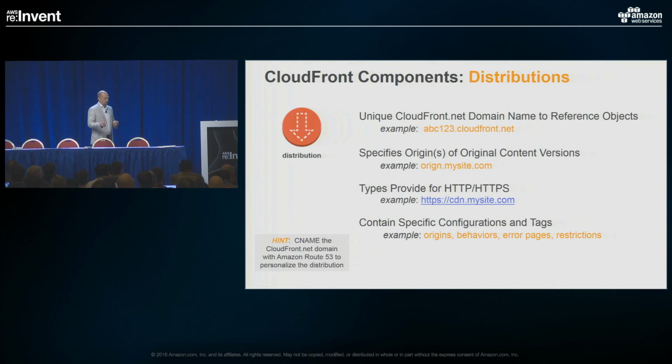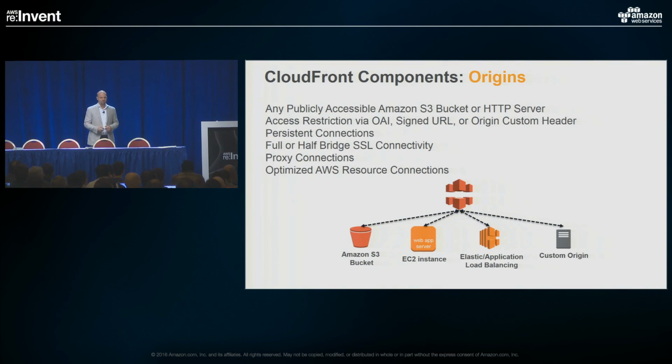And this is really important because you can have cdn.tom.com or cdn.mysite.com, all hosted within the same exact CloudFront distribution. And you can even have different behaviors depending on the different domain. So the beauty there is that you're able to host many different websites or many different applications behind a single distribution, and it keeps ease of operations for you. Of course, you can have many different distributions and do that on an individual basis as well.